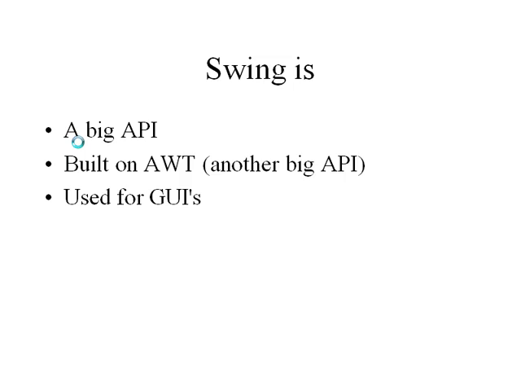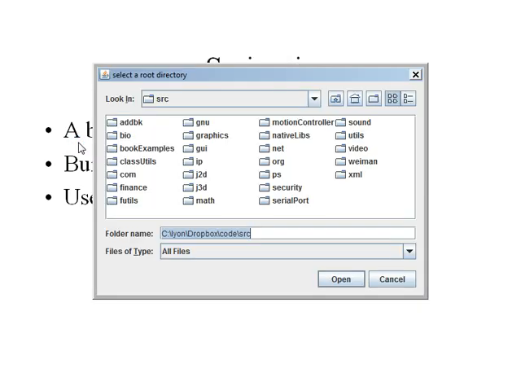All right. So an AWT is heavyweight because it uses the built-in operating system graphic user interface. So when you program in the AWT, your program does not change. But when you go to create a standard file open dialog box, it looks like a Windows Microsoft Foundation Class library standard file dialog box if you're on a Windows system.